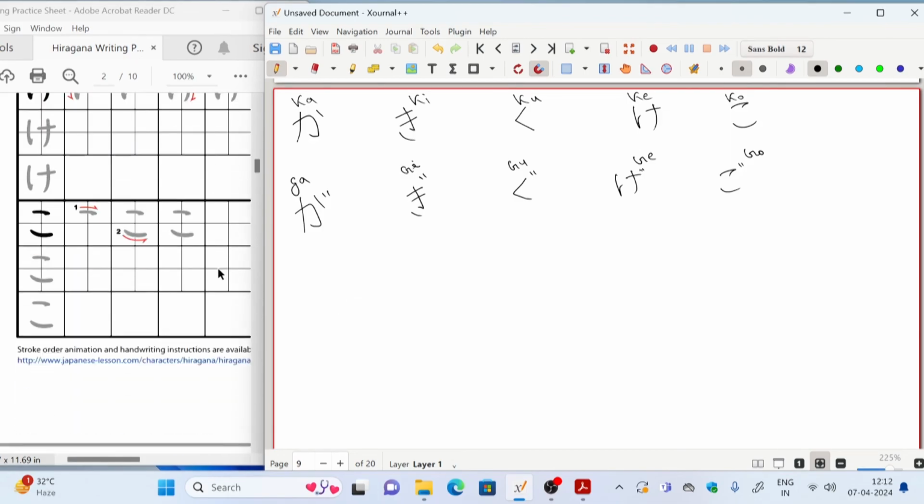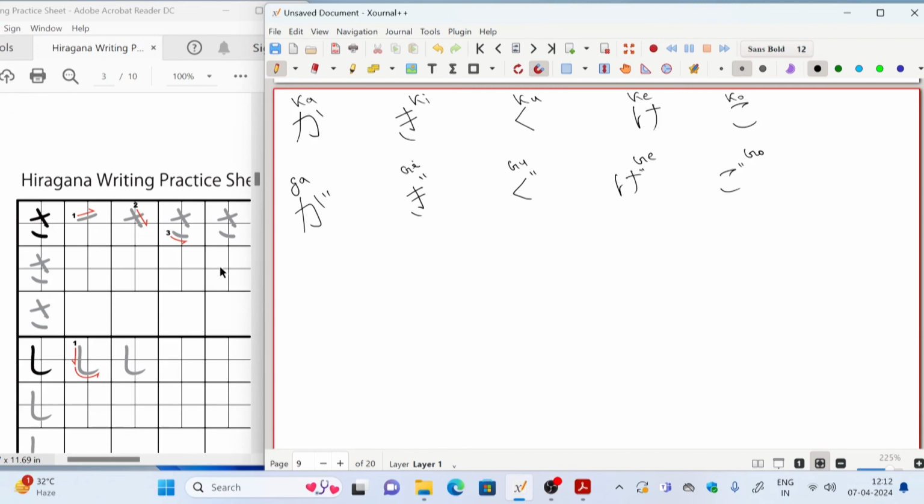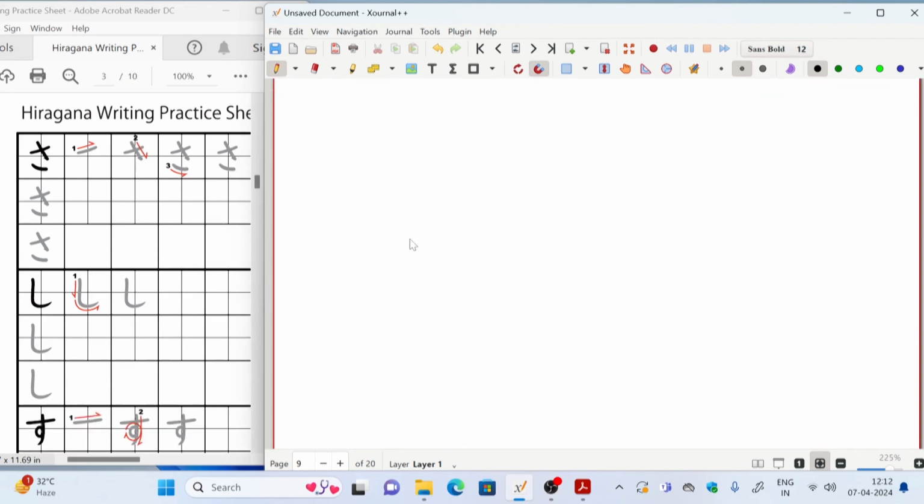Next is sa, shi, su, se, so. When we put ten here, it will become za, ji, zu, ze, zo. This is how the sound changes.